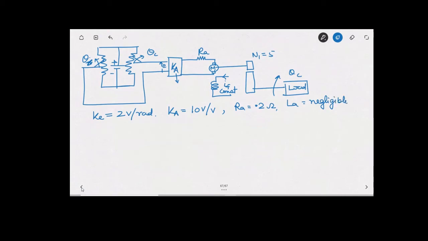Then motor torque constant Kt is 10 into 10 raised power minus 5 Newton meter per ampere. Motor back EMF constant Kb, because this is an armature control motor so back EMF is there, is 10 into 10 raised power minus 5 volts per radian per second.